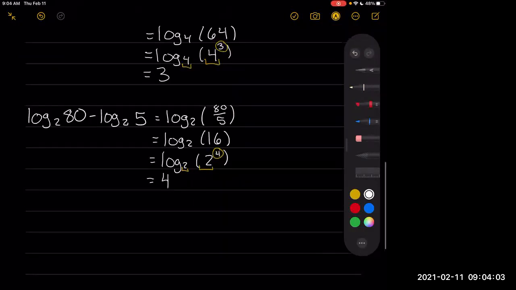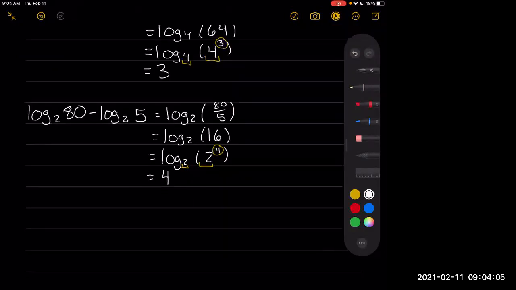And then for one last one, we're going to look at negative 1/3 log 8. And this will equal log, and since I didn't write a subscript on the log, that means that we are using log base 10, but I don't need to write it since this is the common logarithm.